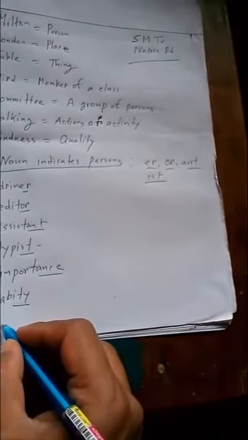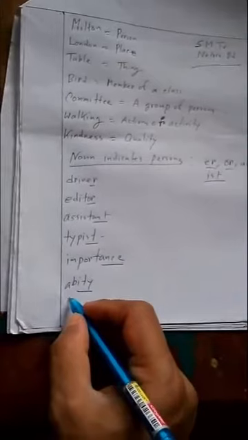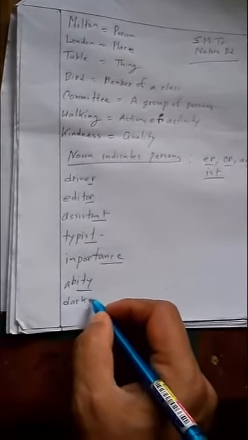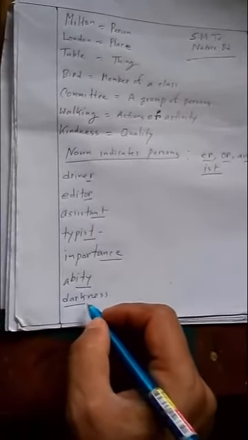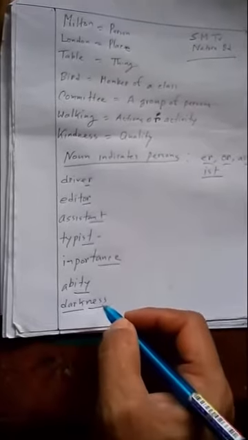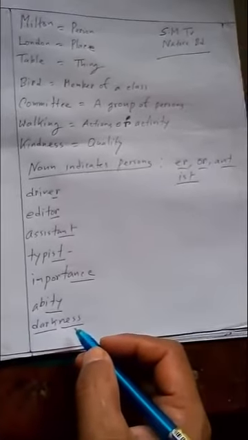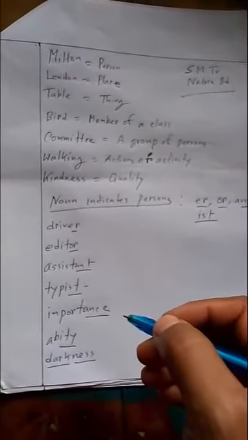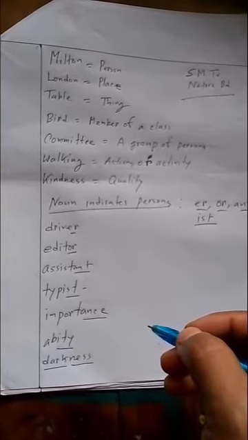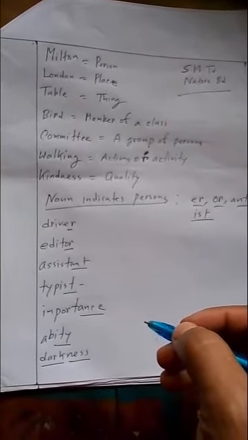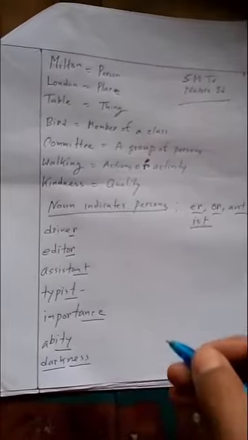ness. For example, we can say darkness. Dark is an adjective, but ness is added, and then we can make this noun. For example, cloudiness, etc. Next one, th: strength.